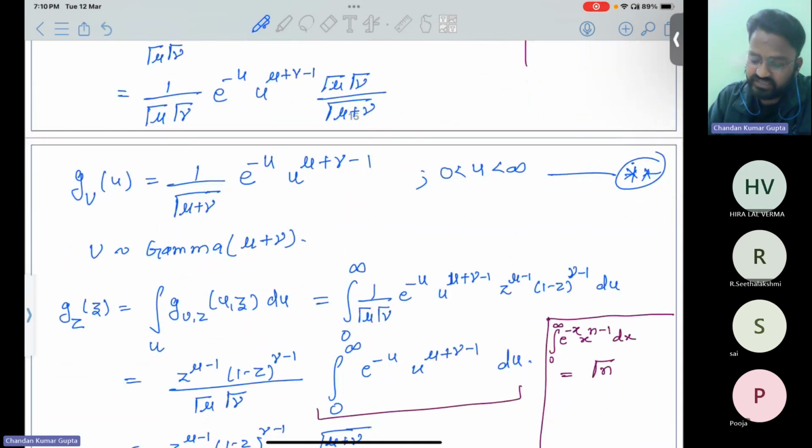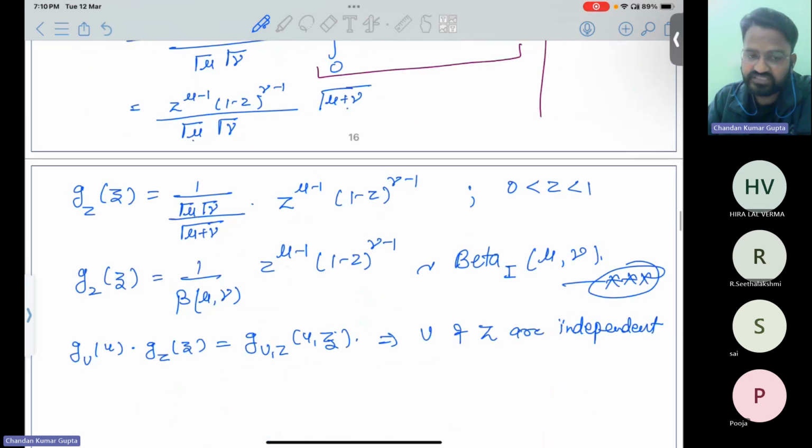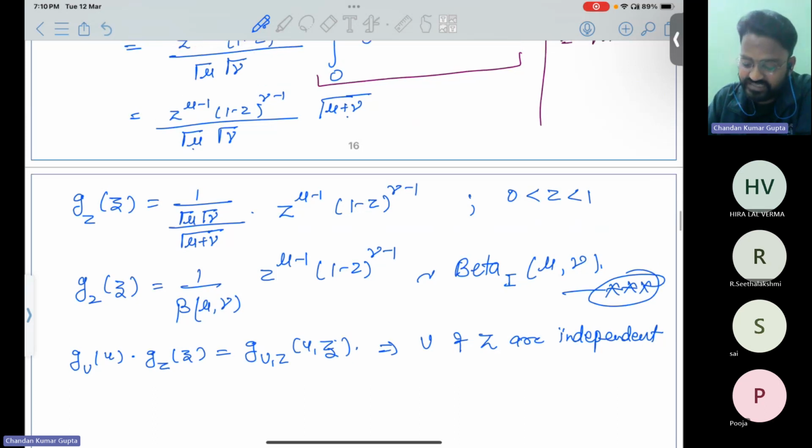Here, equation double star and equation triple star are the marginal PDFs of u and z respectively. Then we will multiply double star and triple star, that means the marginal PDFs of u and z, and after simplifying, you will find it is equal to this. That means u and z are independent.